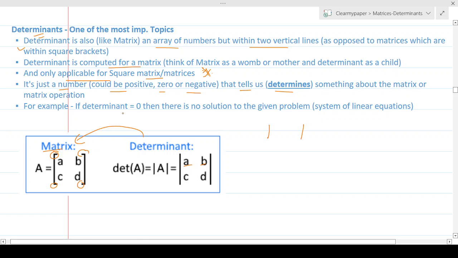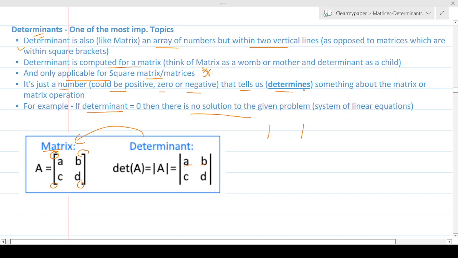A very simple example, which I'll be solving in the next set of episodes: if you're given a set of linear equations to solve, and the determinant of the problem is 0, and I'll come to the episode where we calculate how the determinant works, but let's say the determinant of the problem is 0, that tells us that there is no solution existing to the given problem. So that's the fundamental way of doing that.